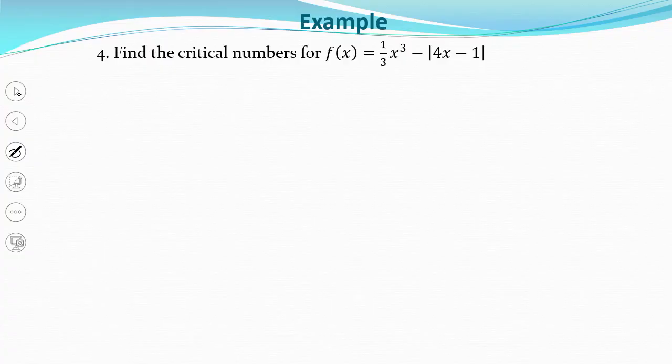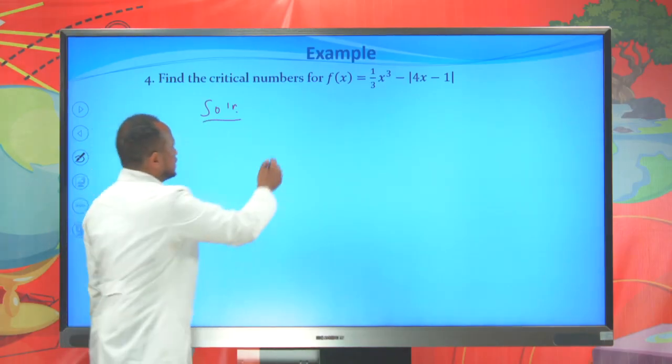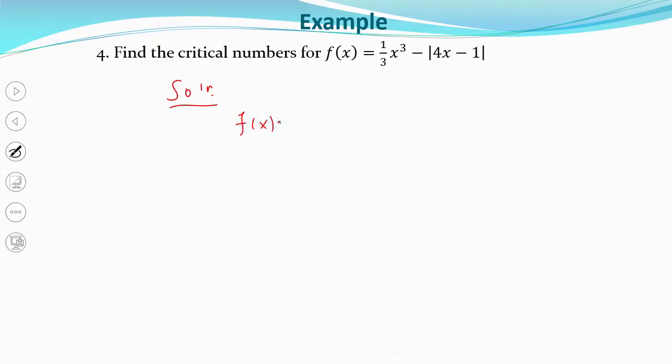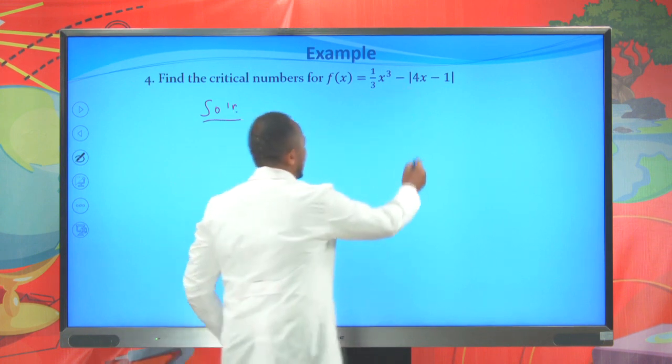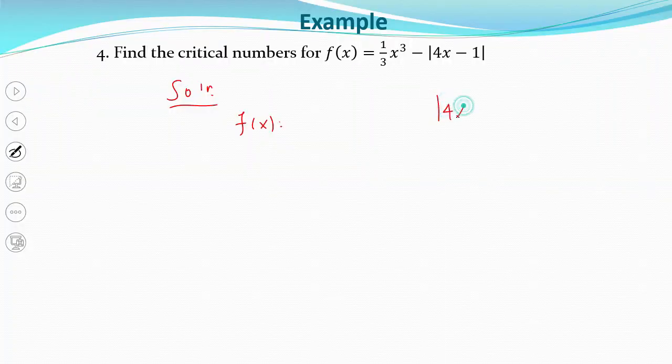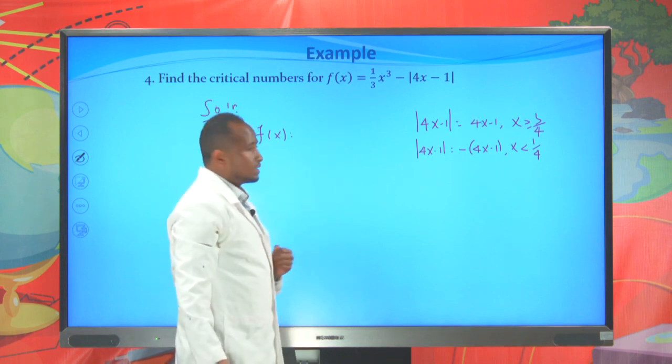Here f(x) can be written in another form. The absolute value of 4x minus 1 is itself, 4x minus 1, for x greater than or equal to 1 over 4, and it is the negative of 4x minus 1 for x less than 1 over 4.